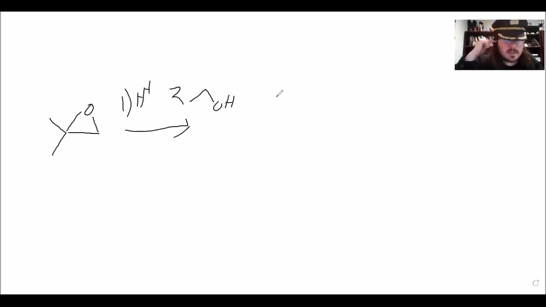So in this case, we have asymmetry. As this is protonated, we get a choice of which one is the better attack point.